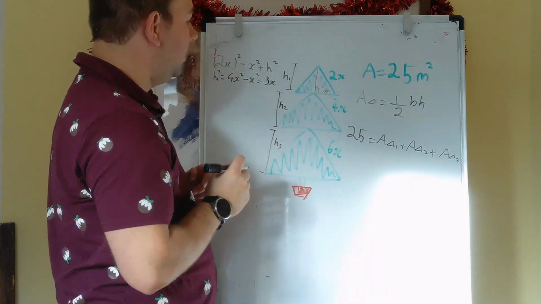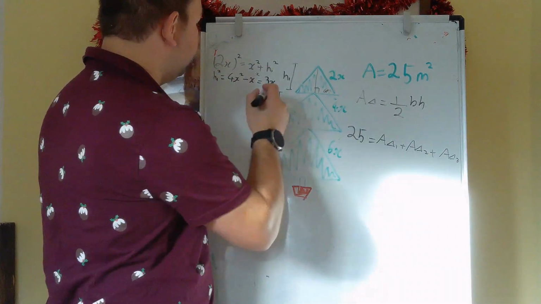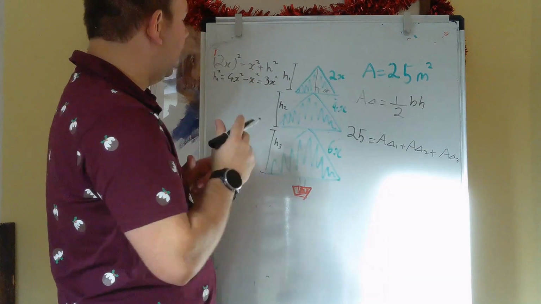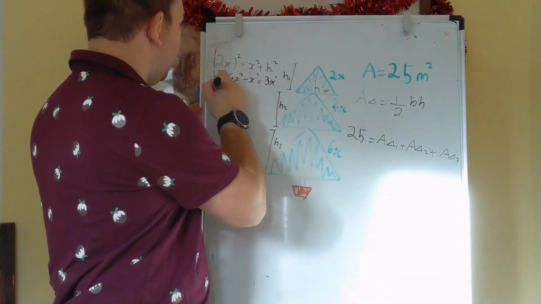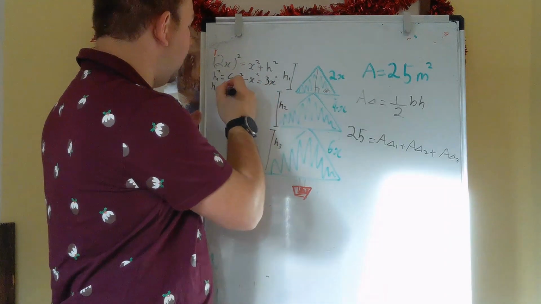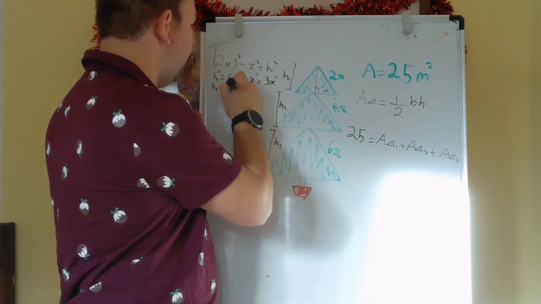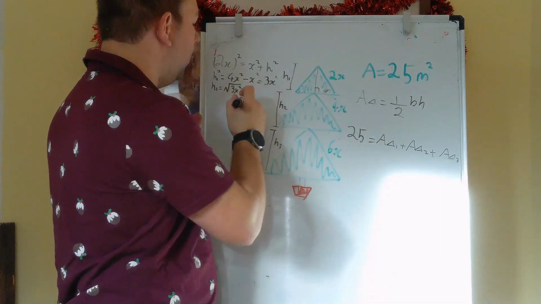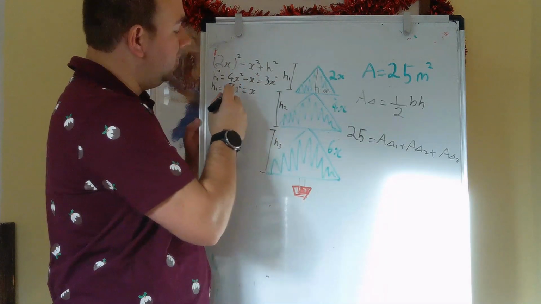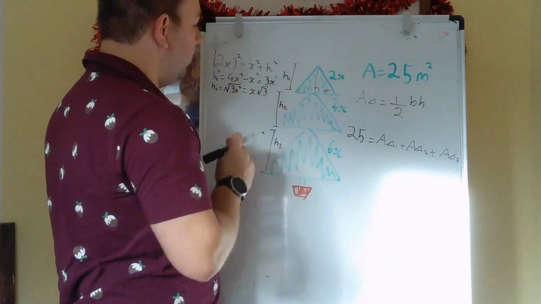If I want to find what h1 is equal to, I have to square root, so h1 is equal to the square root of 3x squared. So h1 is the square root of 3x squared, which is equal to, we can find the square root of x squared, that's just x, times root 3.